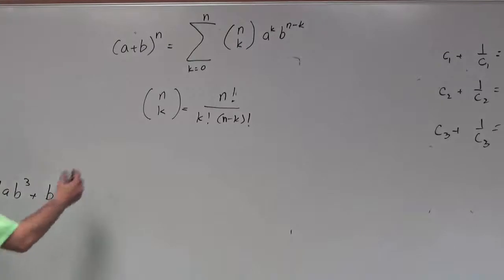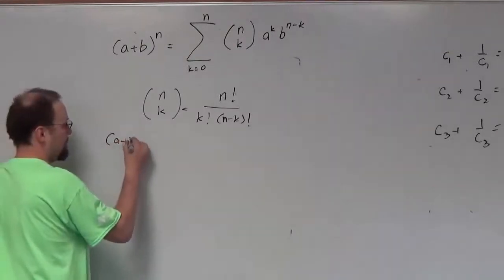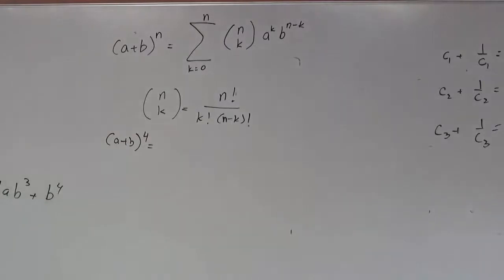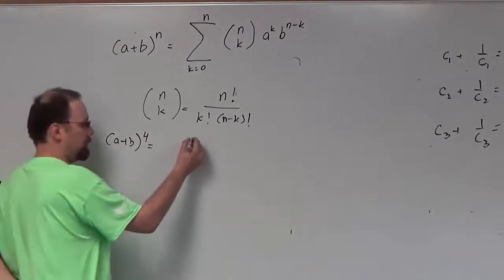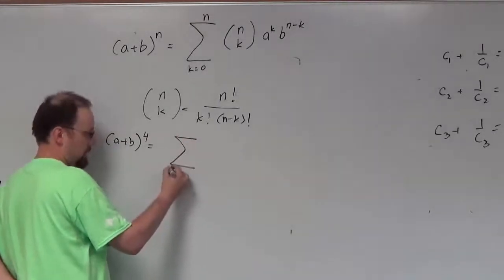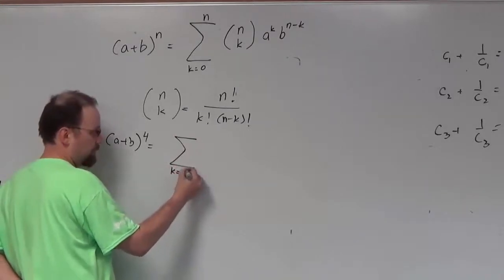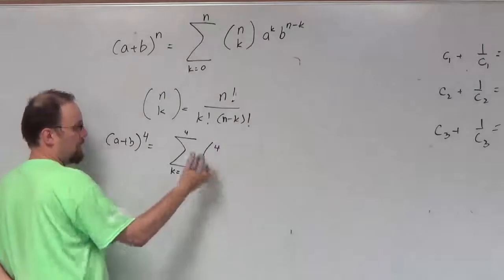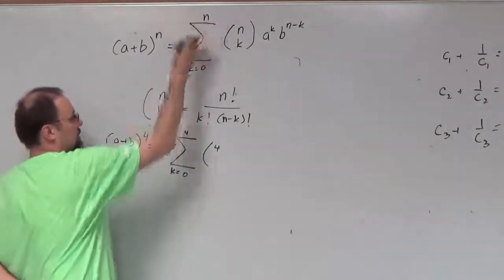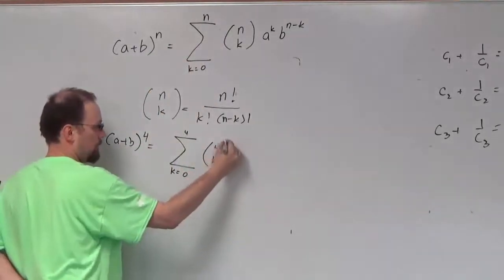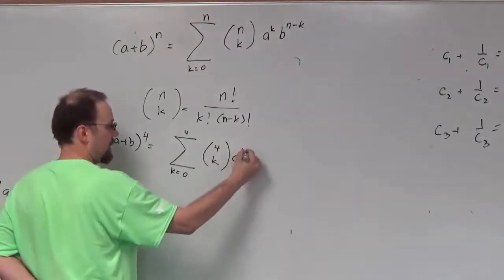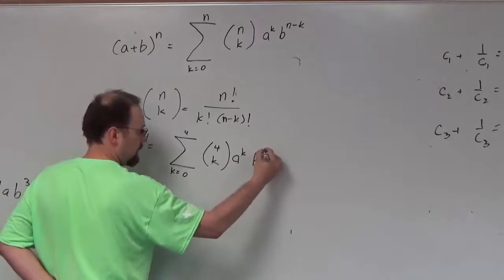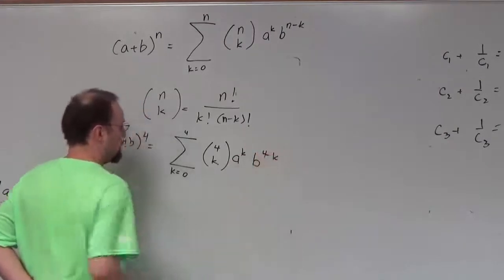So, for example, a plus b to the power 4, according to this formula, would be the sum as k goes from 0 to 4 of 4 choose k times a to the k times b to the 4 minus k.